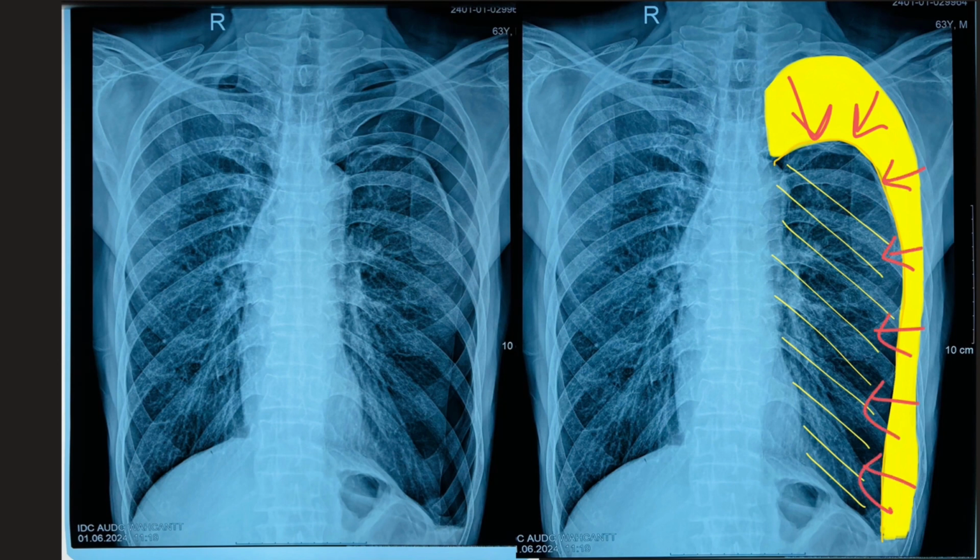And as the air is removed from within the lung and accumulates within the space, just like a balloon deflates when air escapes from it, the lung also deflates and it becomes smaller in size as compared to the normal lung, which you can see over here. So this is a case of pneumothorax.